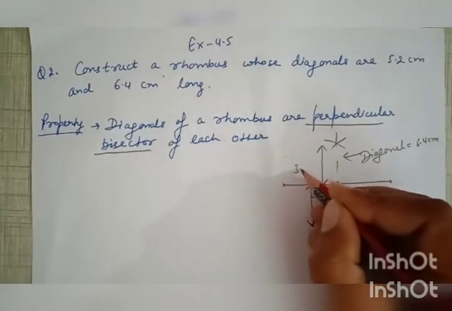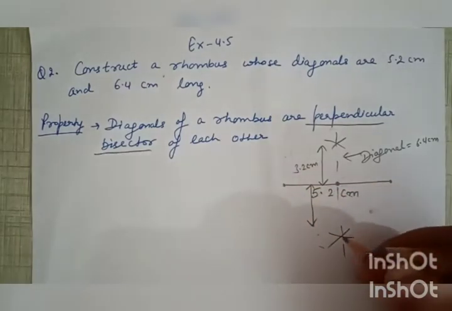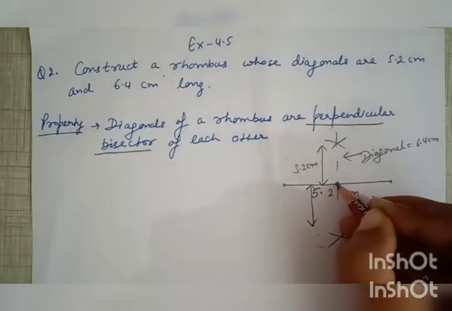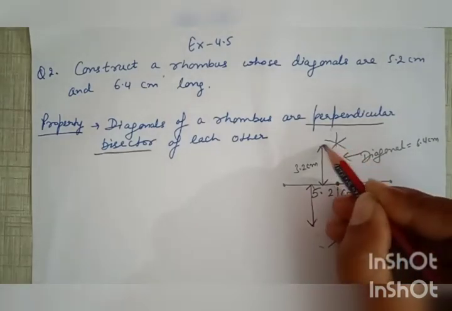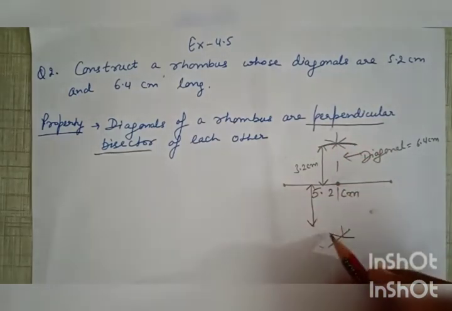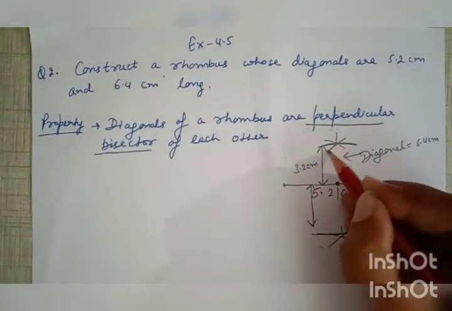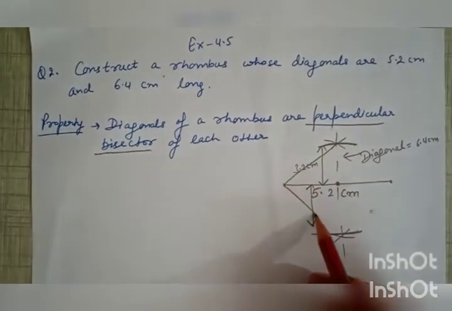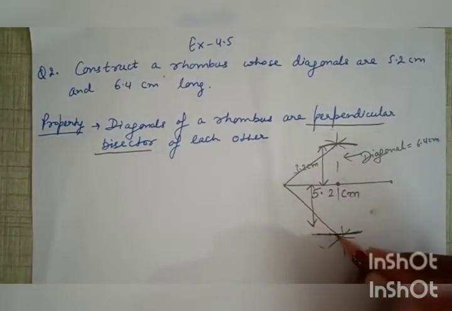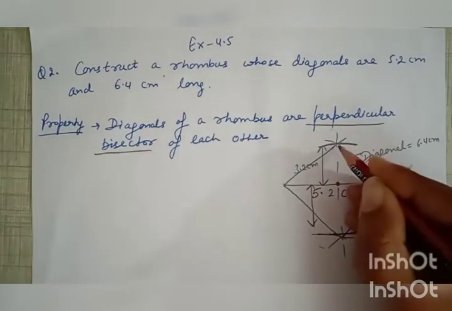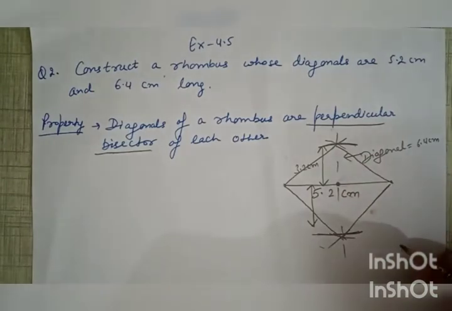So it means we will open an arc of 3.2 centimeter. Keeping compass at this point, we'll cut an arc of 3.2 and we'll cut an arc of 3.2. And then we will join these endpoints. In this way, we can construct the rhombus.